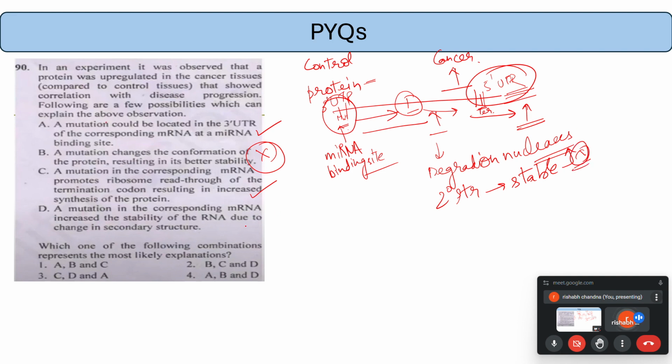Okay, so a mutation leading to a stable secondary structure of the RNA can help prevent degradation by the nucleases. So this option is also correct. So the correct options are A, C, and D. Okay. So based upon the options, we have C, D, and A in the third option. So this is correct. So the correct answer is option C.